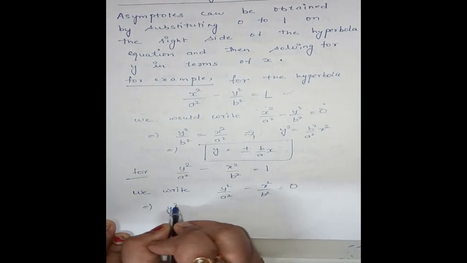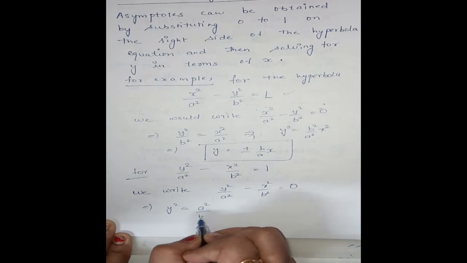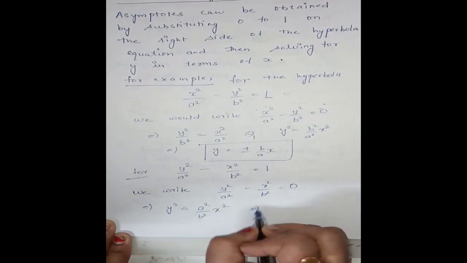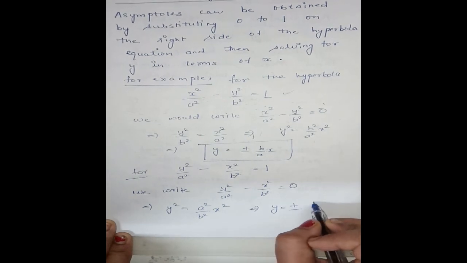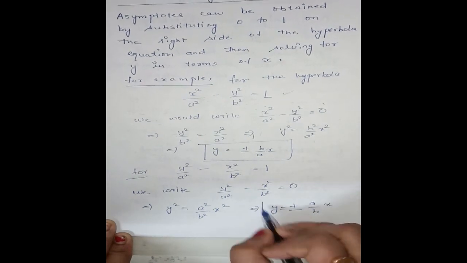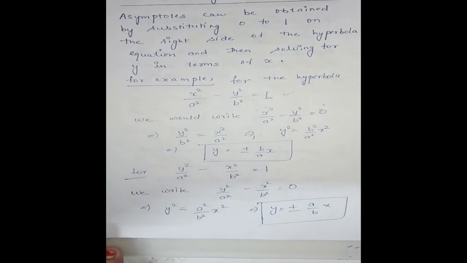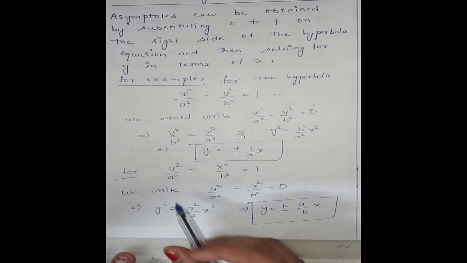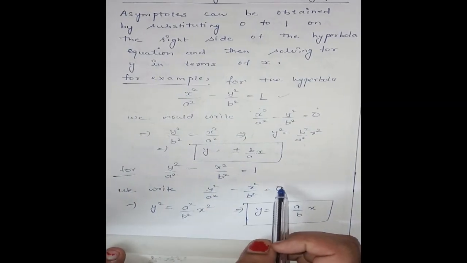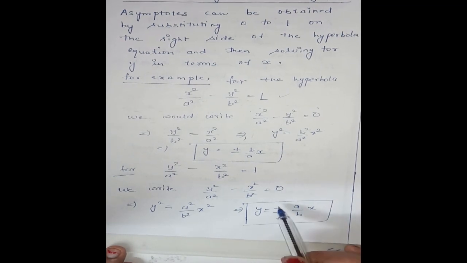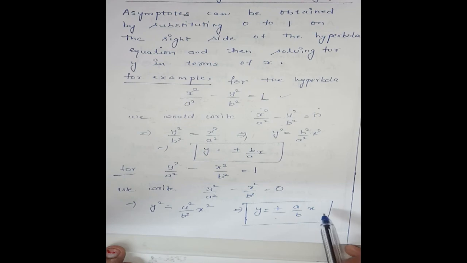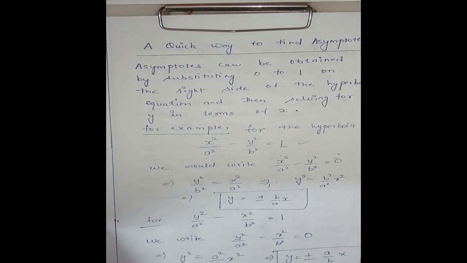Now y square is equal to a square by b square into x square. This will give us y is equal to plus minus a by b into x. Then these are the two asymptotes in the case where the focal axis is along the y-axis. The equations of the asymptotes are y is equal to plus minus a by b into x. This is how we have to find the asymptotes.